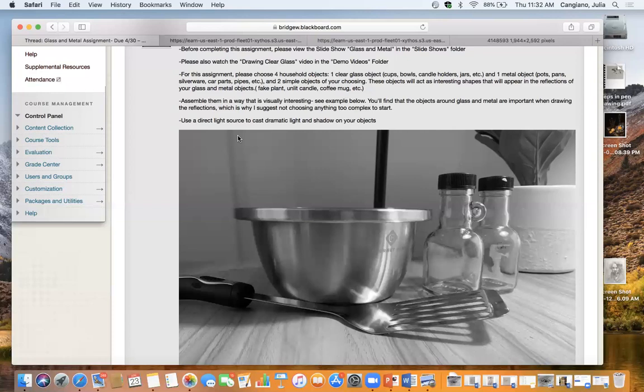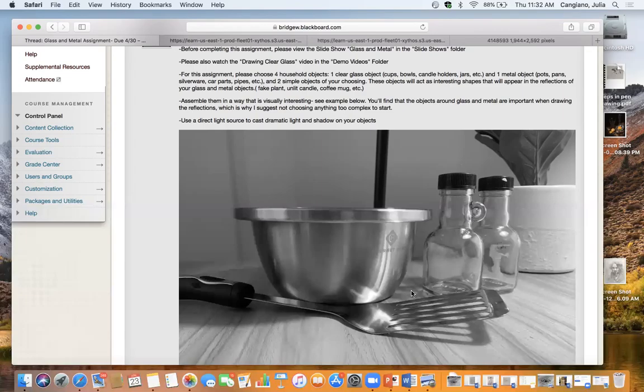So assemble them in a way that is visually interesting. This is just an example. These are just a couple of shiny and glass objects. I just threw them together. There isn't really a rhyme or reason, but you can see the background, the plant back there, that's certainly going to help me draw this glass object back here. It's going to provide some interesting reflections. So just set this up in a way that's interesting.